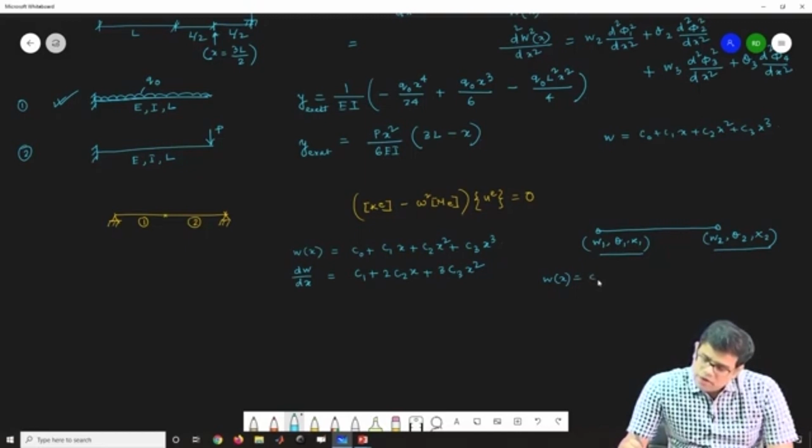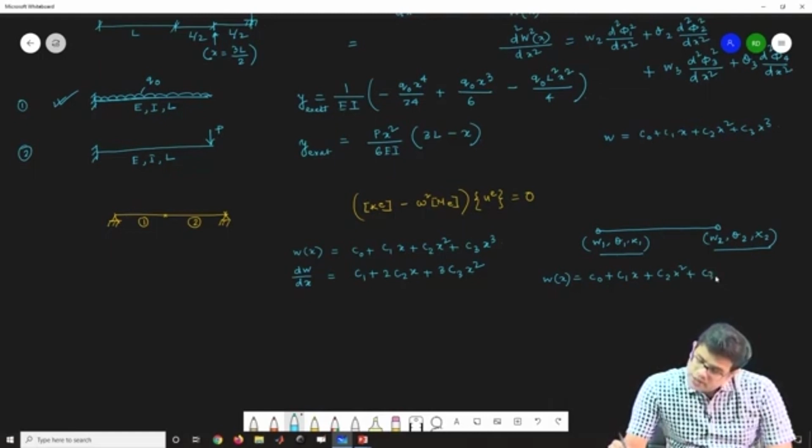So in that case I can always write my higher order polynomial, for instance c0 plus c1x plus c2x squared plus c3x cube and c4 x to the power 4 and c5 x to the power 5.